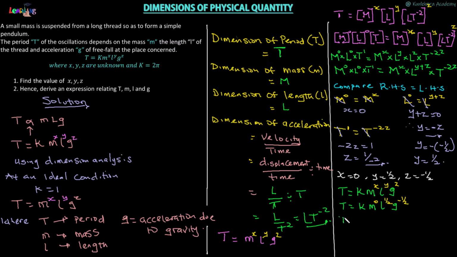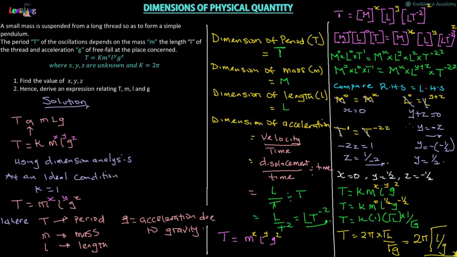We have T to be k, m⁰ is 1, L^(1/2) is square root of L, and g^(-1/2) is times 1/√g. Recall, k is equal to 2π. Let's slot it in. We have the expression T is equal to 2π times √L/√g, which gives us 2π square root of L/g.